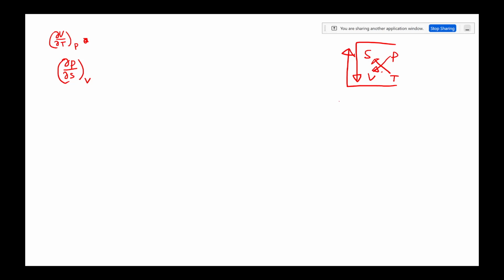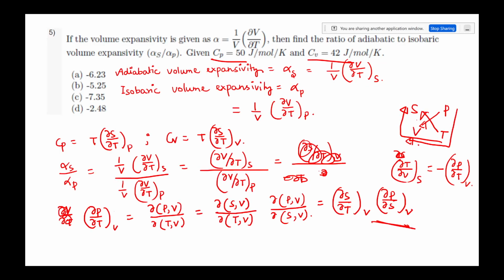So we can write del P del S V in terms of, how can you write that? Del T del V at constant S, right? Del T del P del S del P at constant V, del S del P at constant T, that will be del V del T at constant P. Del S, so here del P del S del P del S.